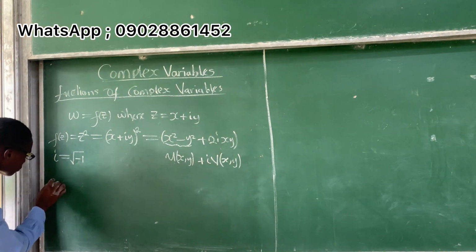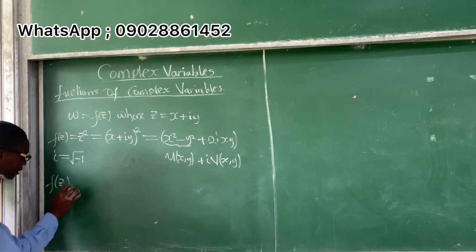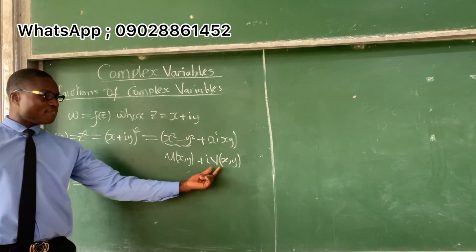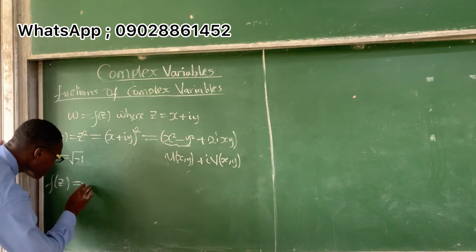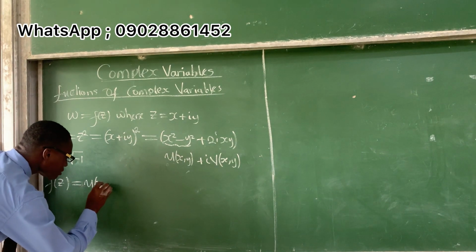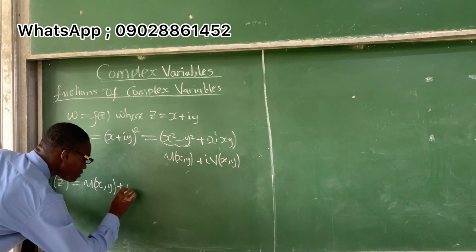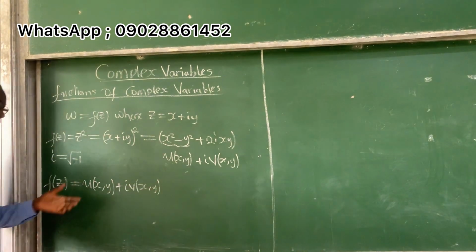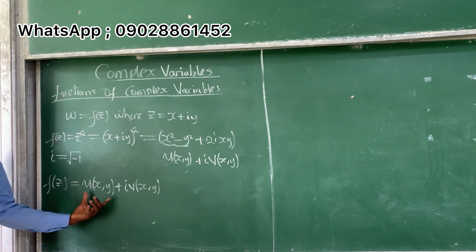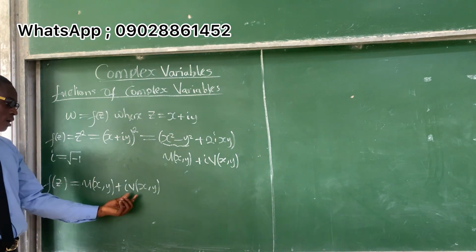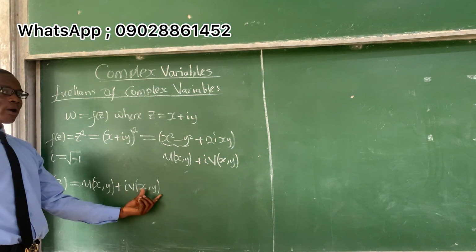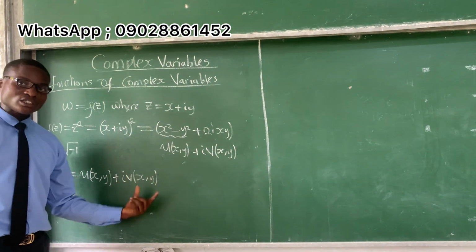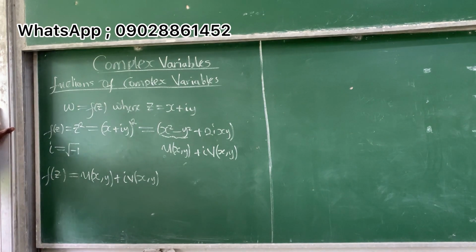So since we have come to know that f of z is now equal to u of x and y plus iv of x and y, where u of x and y is the real part and v of x and y, multiplied by i, is the imaginary part.